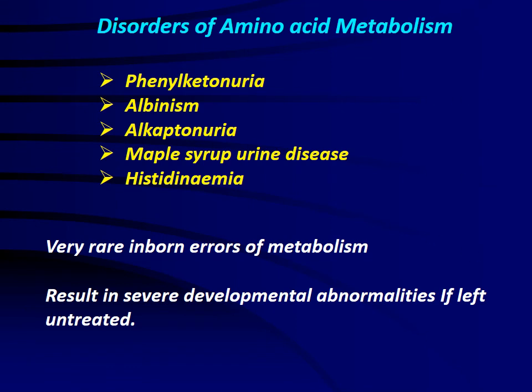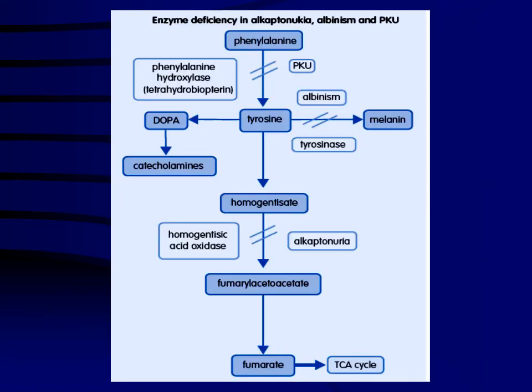Disorders of amino acid metabolism. Phenylketonuria, albinism, alkaptonuria, maple syrup urine disease, histidinemia. These very rare inborn errors of metabolism result in severe developmental abnormalities if left untreated.